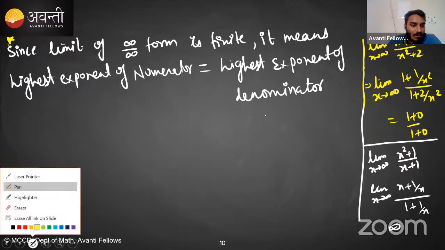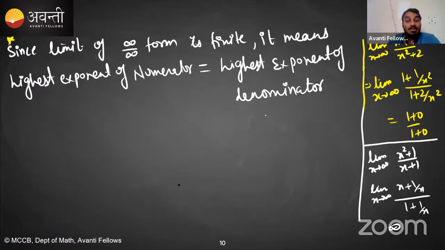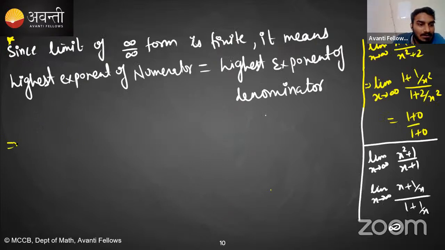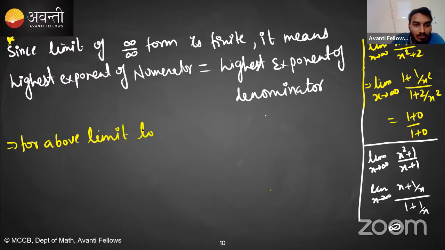Tell me. Right? So it means the power of the numerator is 2 and the power of the denominator is 1. So for this limit to exist, it implies for the above limit to exist, the coefficient of x square from the numerator should be equal to 0.